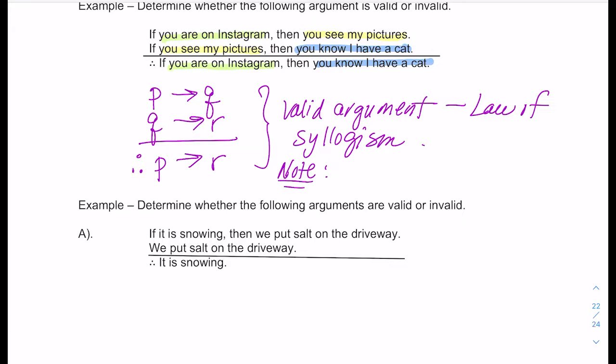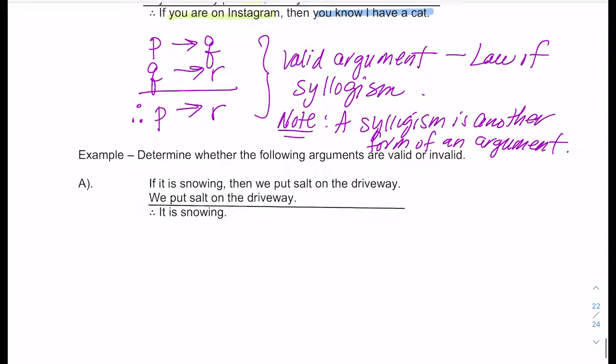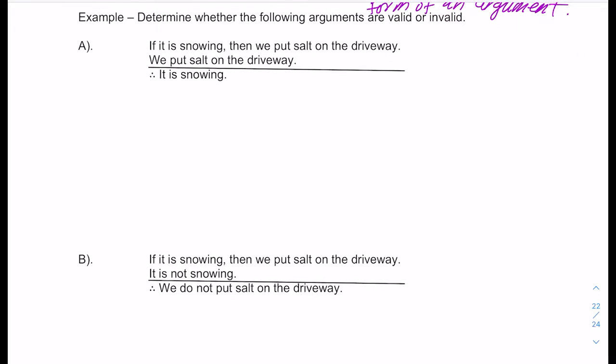A syllogism is just another form of an argument. For A and B, we're going to determine the same thing, whether the arguments are valid or invalid. So please pause the video, try A and B on your own, and then unpause when you're ready to check your answer.